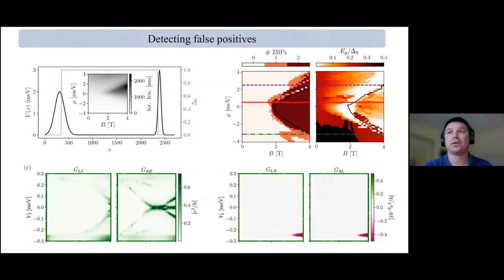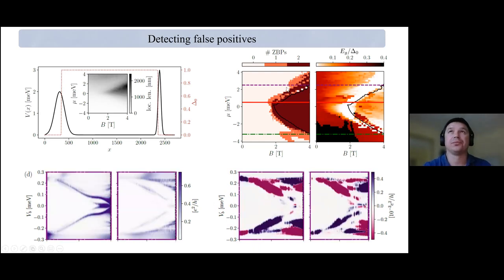And indeed, if we look at local and non-local simulation, the non-local signal does not show anything, which means that in these devices, localization length is too short, and we don't see any features. But we do see zero energy states, and so if one naively measures zero bias peak only, one can see the zero energy state, and that would be a false positive.